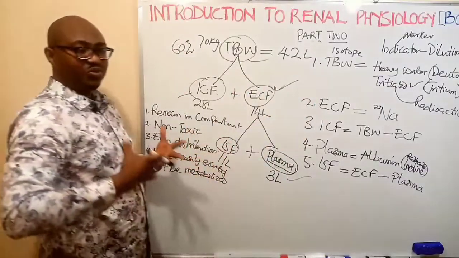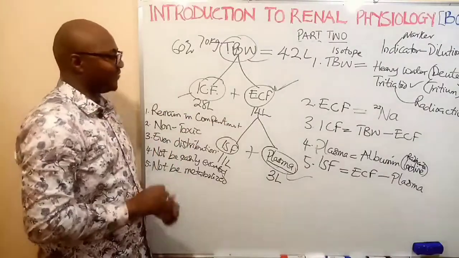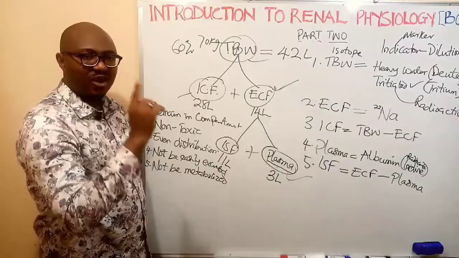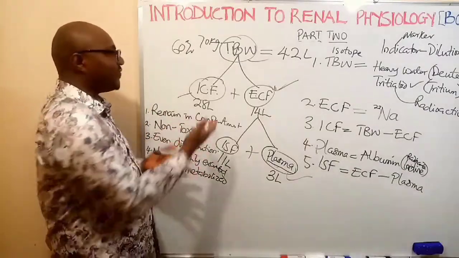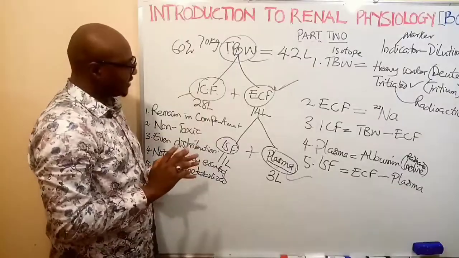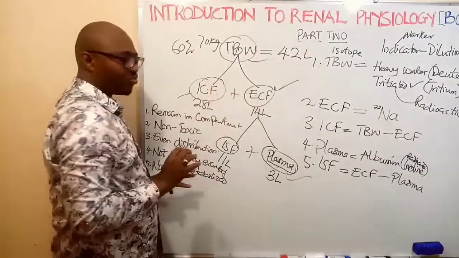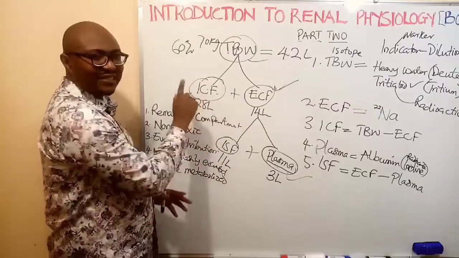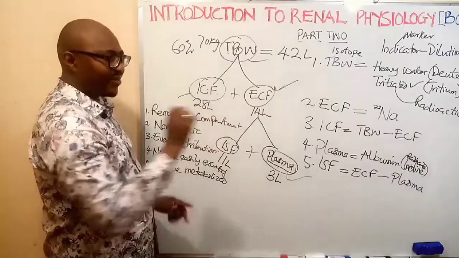In other words, use what you have to get what you don't have. That's a very important law and principle in life. We're not bothered about the fact that we don't know ICF or ISF. We use the ones we knew to get what we can't get normally and directly.